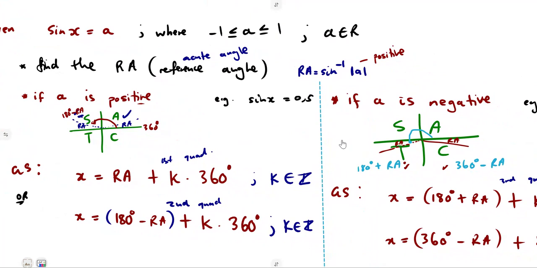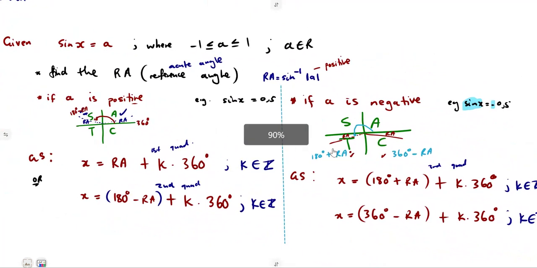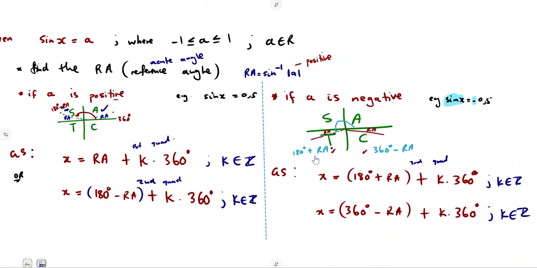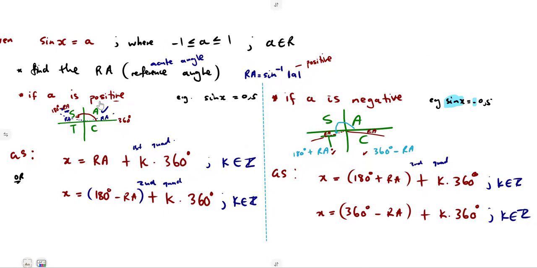Now you must figure out which quadrant exactly you are going to have your solutions in, according to what you're given, because of the sign that is positive or negative. If it is negative, your solutions will be in the third and in the fourth quadrant.